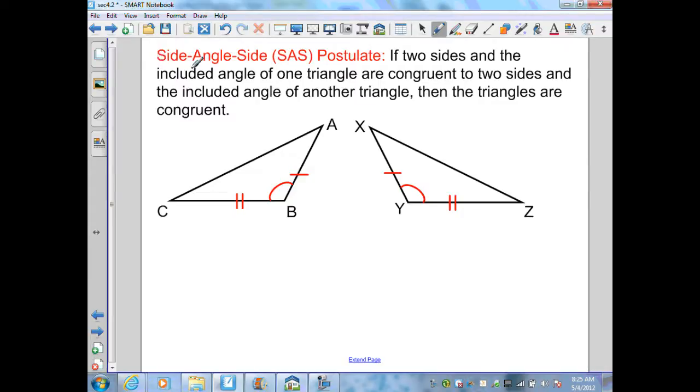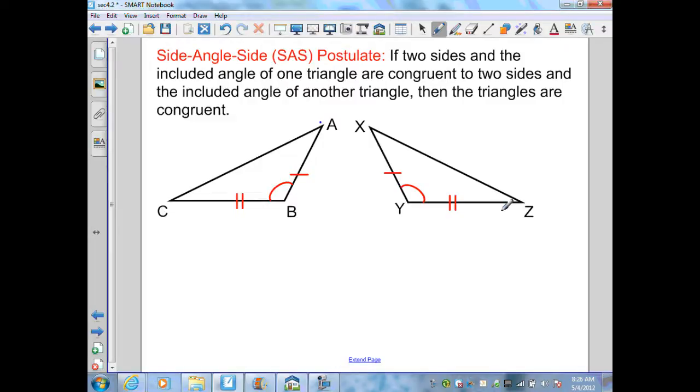Our next shortcut is called side-angle-side postulate, or abbreviated SAS. If 2 sides and an included angle of one triangle are congruent to 2 sides and an included angle of another triangle, then the triangles are congruent. In the diagram, I have illustrated the side-angle-side postulate. I'm given triangle ABC and triangle XYZ.